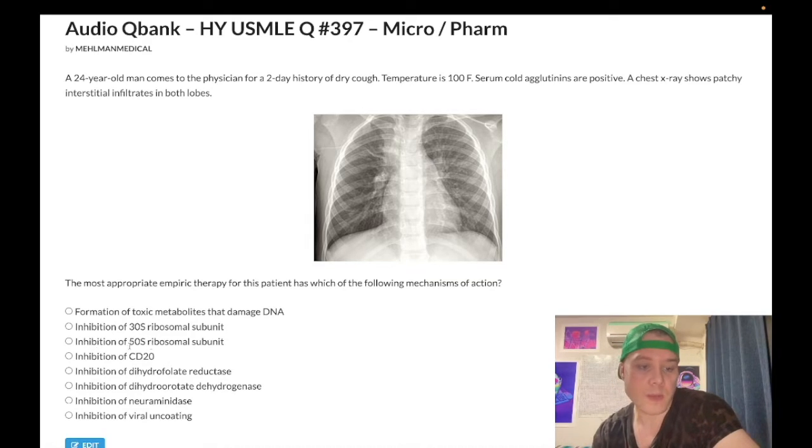Next answer choice, inhibition of 50S ribosomal subunit is our correct answer. So the empiric therapy for community-acquired pneumonia is azithromycin, super high yield, and that's a direct answer on one of the new 2CK NBMEs. But even if that weren't the case, it's just high yield overall, okay? I mean, you need to know when a patient has a community-acquired pneumonia, even if you don't know it's mycoplasma, okay?